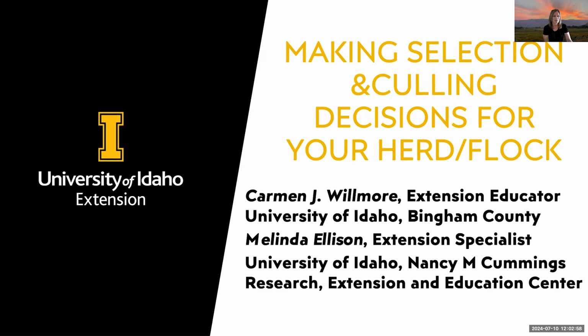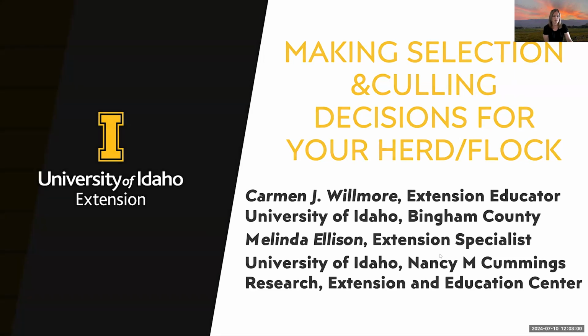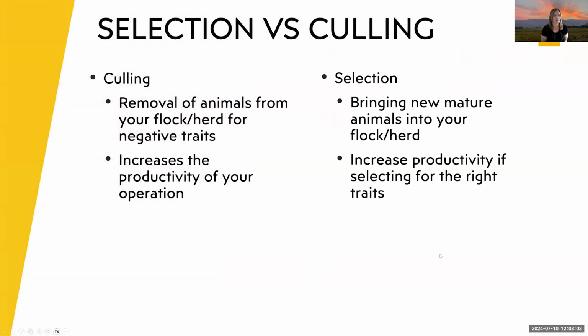As we go forward here, let me make sure my clicker is working. There it goes. Just as a reminder to what we're going to be separating out here, culling is going to be discussing more of the removal of animals that we already have. Maybe they have negative traits or something's going on with them that is not going to meet your production goals.